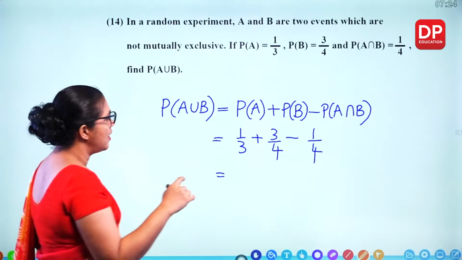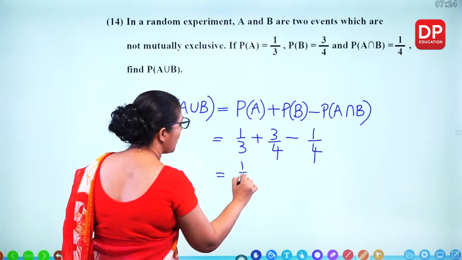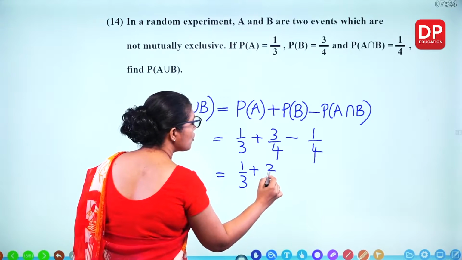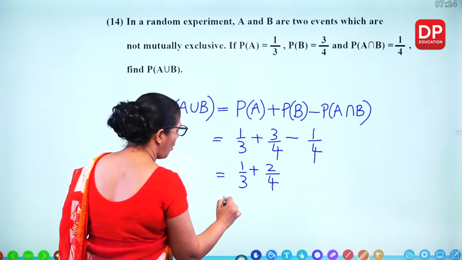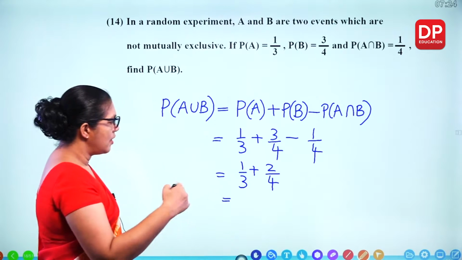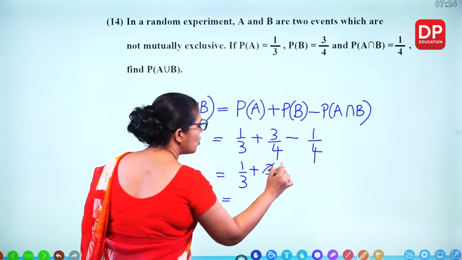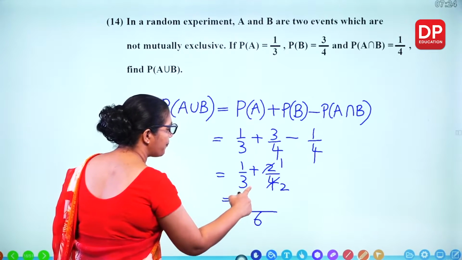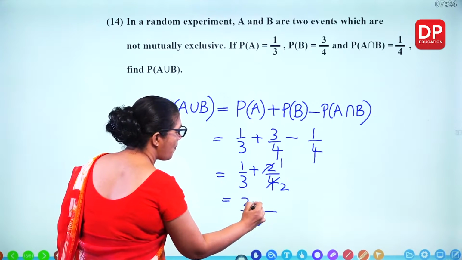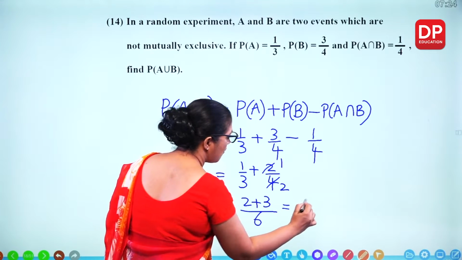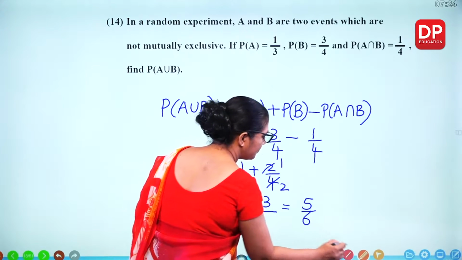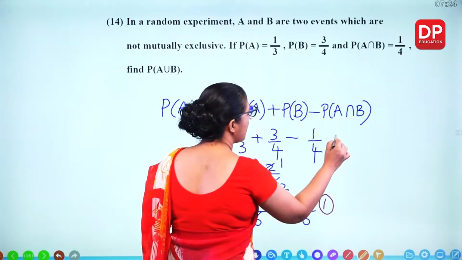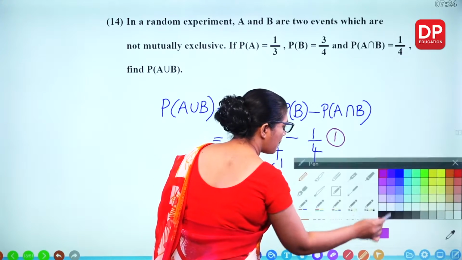So you can simplify this one: 3/4 minus 1/4 is 2/4, or you can write half. Now you can convert to same denominator, that's 6, 3 and 2. So this becomes 2 plus 3, 5/6. So 2 marks, 1 mark here and 1 mark for this step.